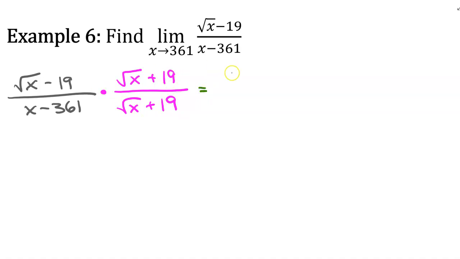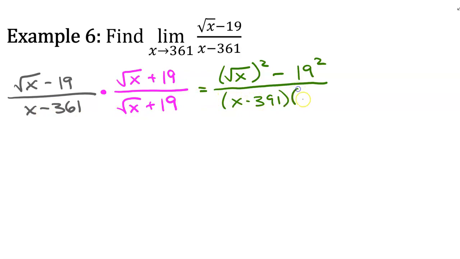So that will give me, by definition of conjugates, the square root of x squared minus 19 squared over that yucky stuff. Okay, so square root of x squared is x. 19 squared is, I don't know that off the top of my head, 361.